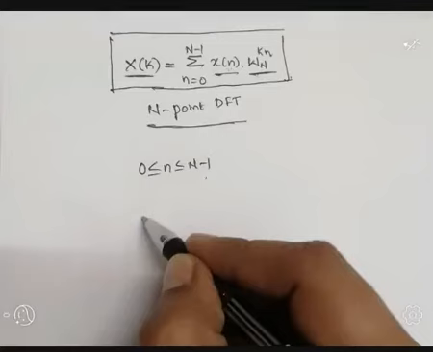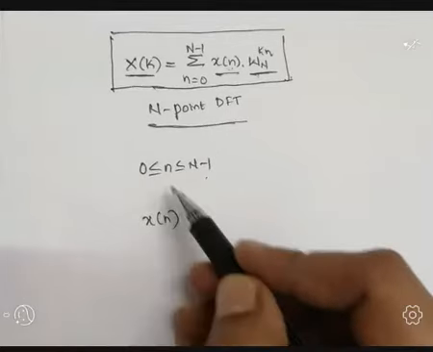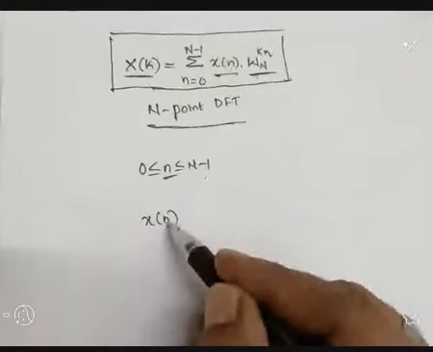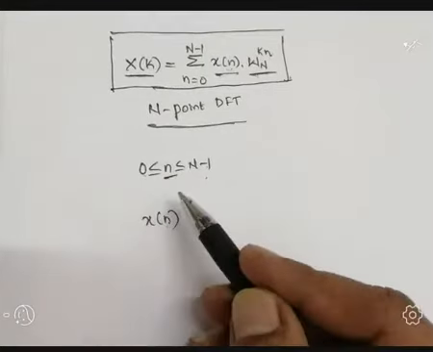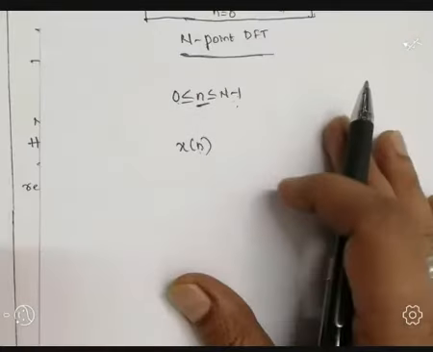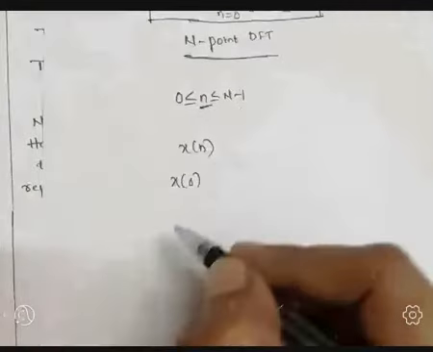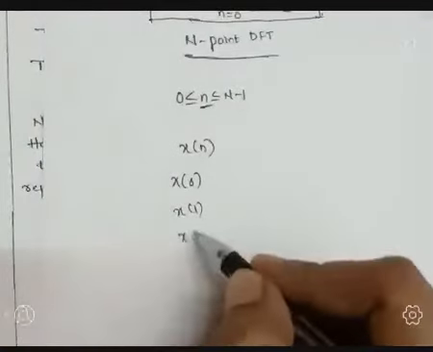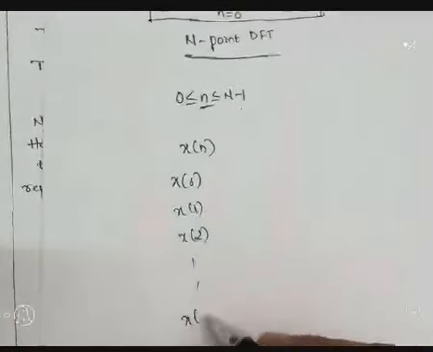If the value of n varies from 0 to N minus 1, we have to substitute n from 0, 1, 2, 3, so on up to N minus 1. So we write x of 0, x of 1, x of 2, so on, up to the final value x of N minus 1.